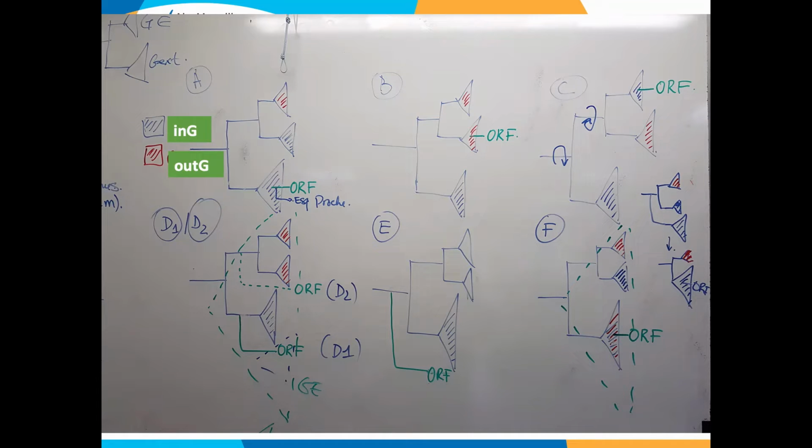If you understood very well what I said, this is the hypothesis. At the end, you see your open reading frame is in your out group and nothing in your in group. Is it a good or a bad tree for you? Write B in the chat, and then good tree or bad tree.